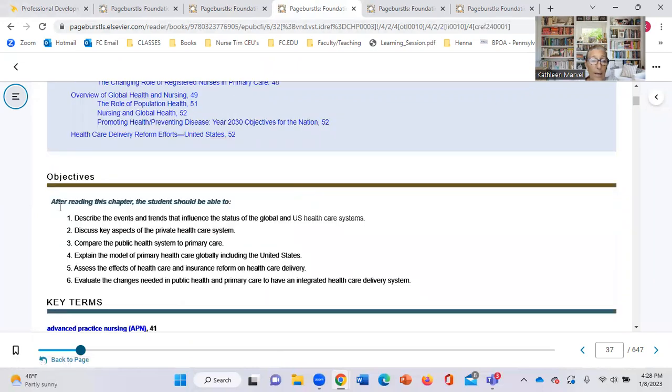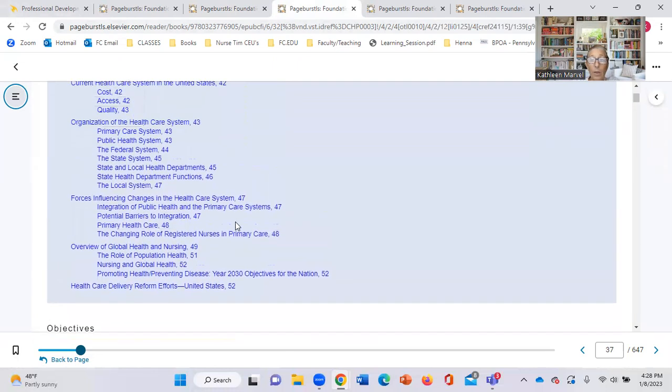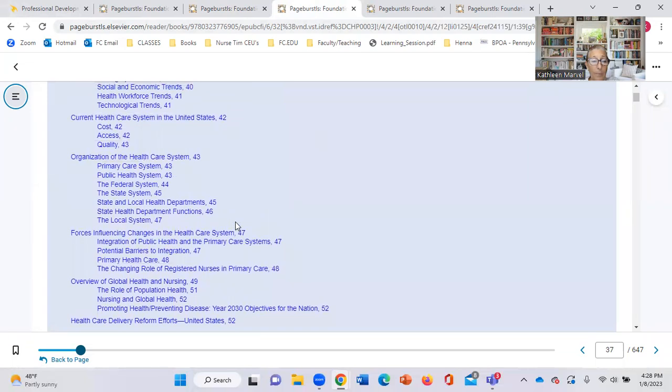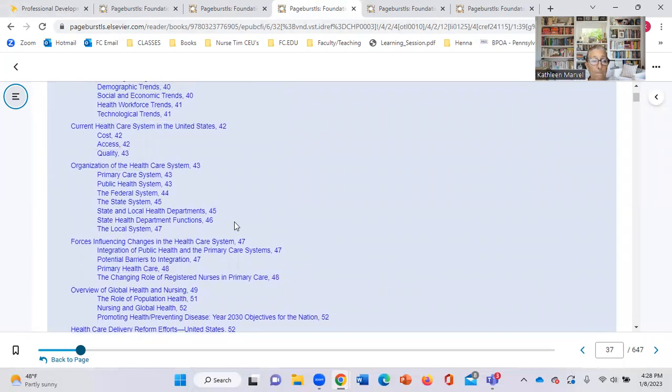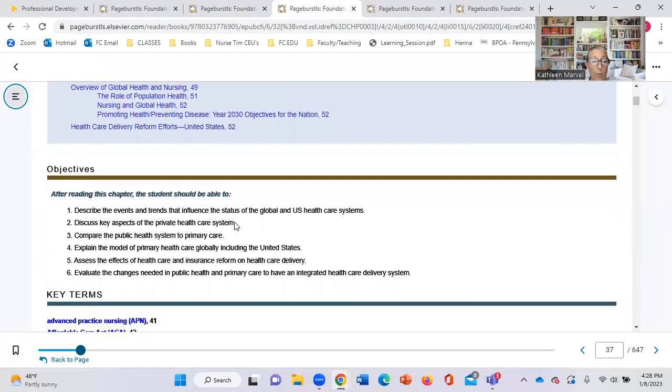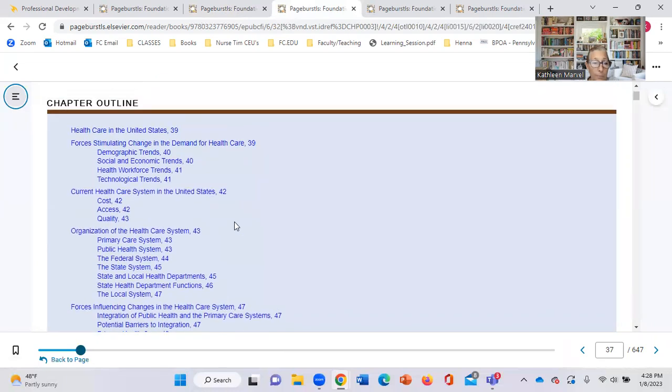So if we look at, let's see, discuss key aspects of the private healthcare system. Okay, let's go up to the outline. Okay, let's see, just private healthcare system.